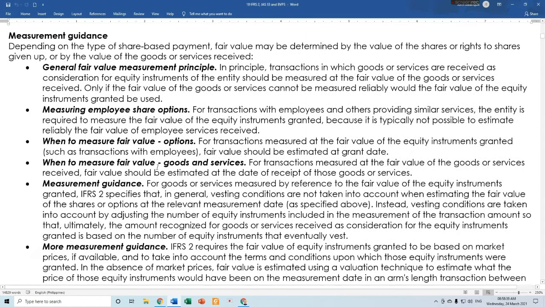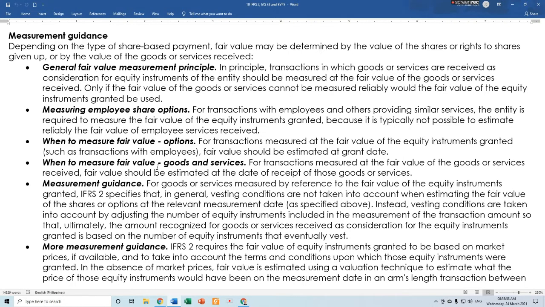Okay? So, we go to the measurement guidance. Depending on the type of the share-based payment, fair value may be determined by the value of the shares or rights to shares given up or by the value of the goods or services received, whichever is more clearly determinable.